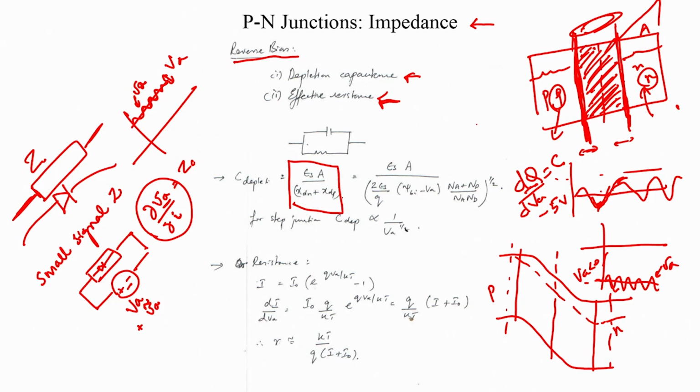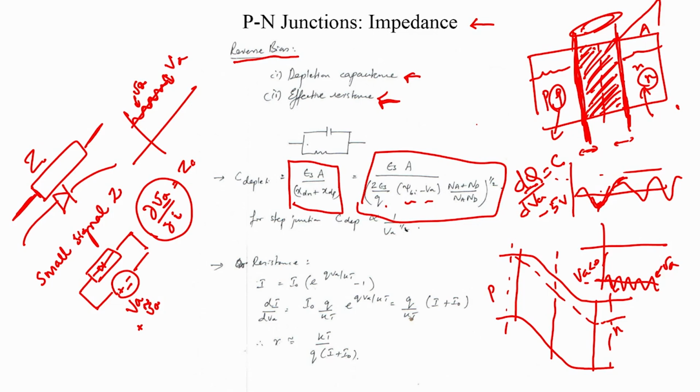And since xdn and xdp are dependent on the built in potential and the applied voltage in this manner, this is my total small signal capacitance. And we saw a similar argument even in the case of the capacitance of a metal semiconductor Schottky junction.